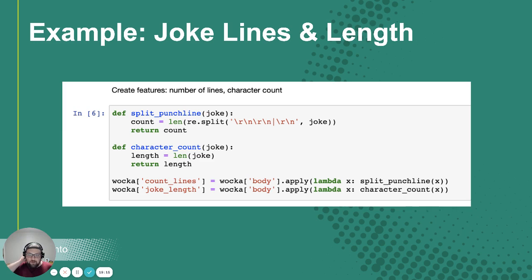So we're going to use this data set that is from Reddit. We're going to break it out into the punchline, because you think maybe the punchline might affect the interpretation of the joke separately from the actual joke body, and the character count of the joke. If it's a longer joke, one could conceptually think maybe it takes people a longer time to read it, and they're more likely to react positively to it on Reddit.